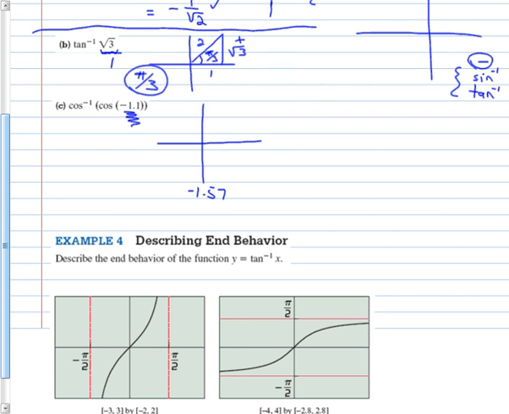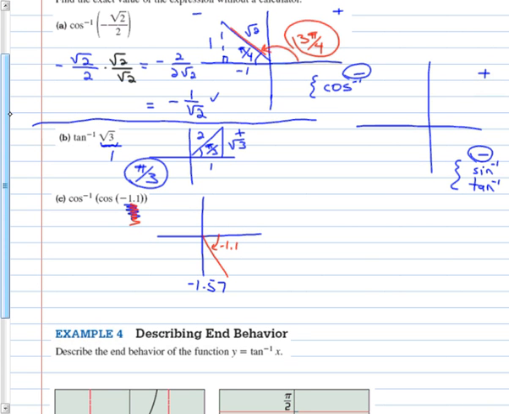So negative 1.1 is right there. Is that the correct quadrant to draw my negative inverse cosine values? No. It's the right quadrant if it was an inverse sine or tangent. Where do I draw my negative inverse cosine values?